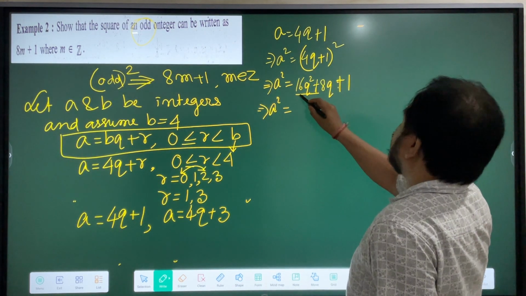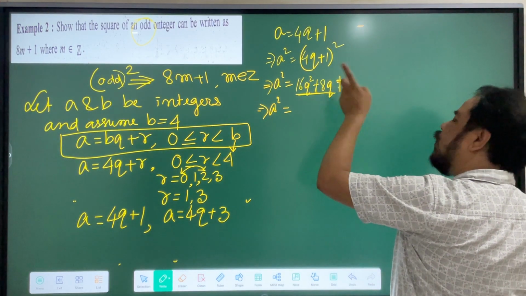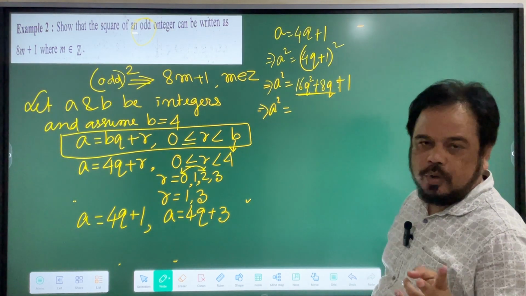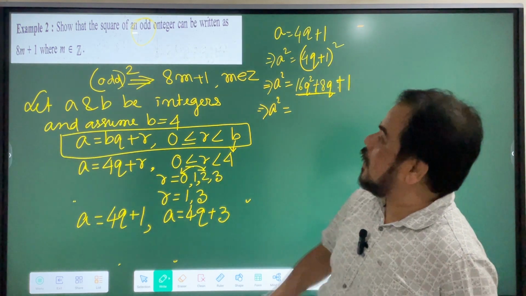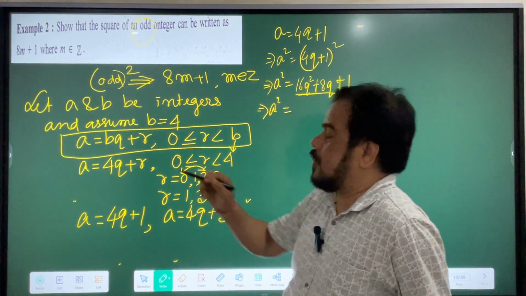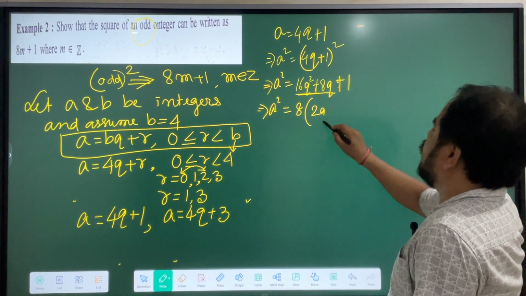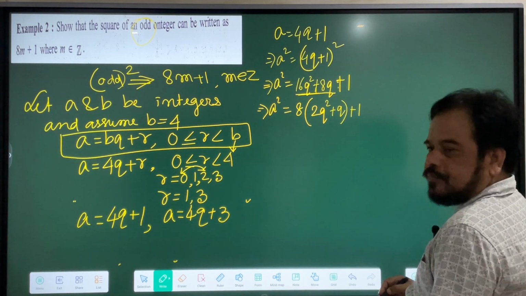From these two terms we can take 2 common, we can take 4 common, we can also take 8 common. 16 and 8 are divisible by 2, 4 and 8. But we will take 8 common. Why will we take 8 common? Because in 8m there is 8. So let us take 8 common: 8 into 2Q square plus Q, plus 1.